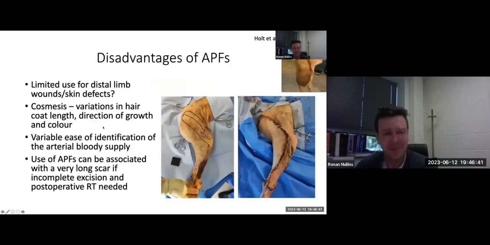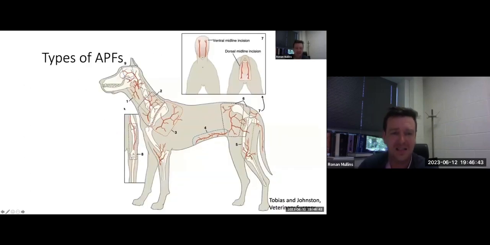So there are lots of different types of axial pattern flaps. In this image alone, there are 12 of them. Not all are labeled, but here obviously we have the superficial temporal, we have the facial or the angularis oris here, we have the caudal cervical, we have the omocervical here, we have thoracodorsal, we have the superficial brachial, here's the caudal superficial epigastric, we also have a cranial superficial epigastric, which we don't use as commonly.